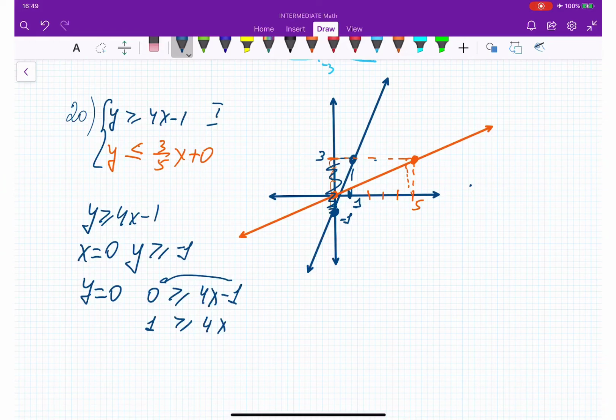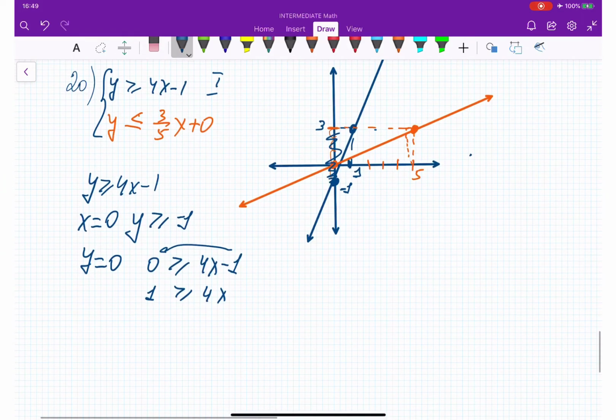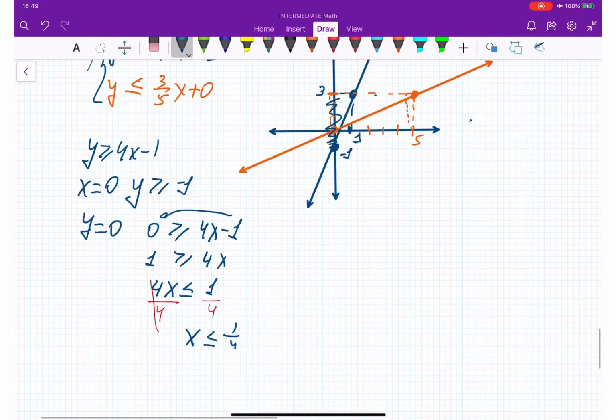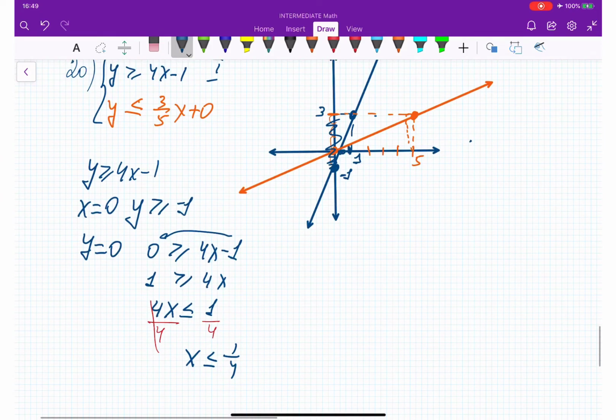So I can switch the positions: 4x less or equal 1, and dividing by 4, I get x less or equal 1/4. So where is my 1/4? This is my 1/4. So it's going to be less or equal, it's going to come like this.